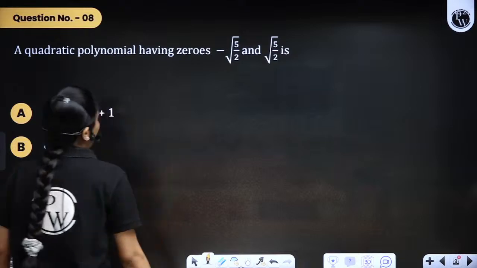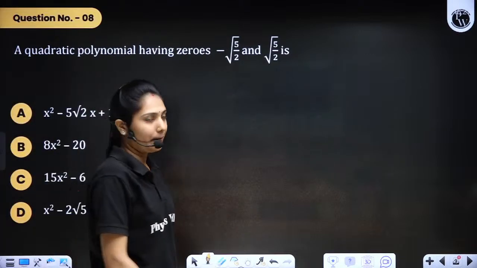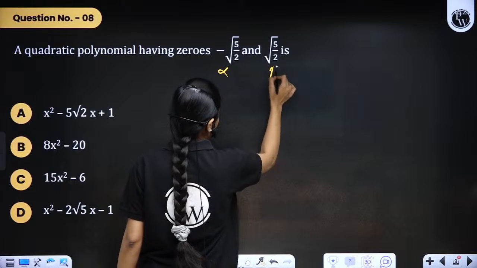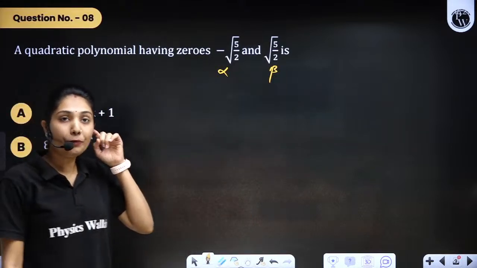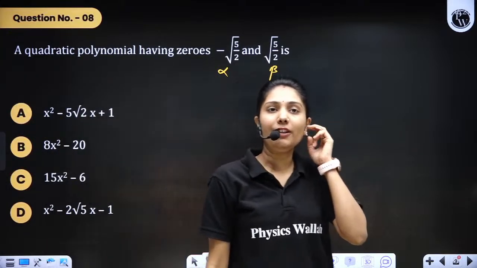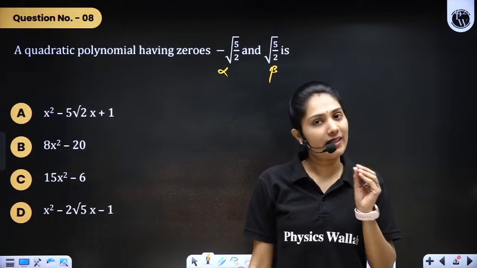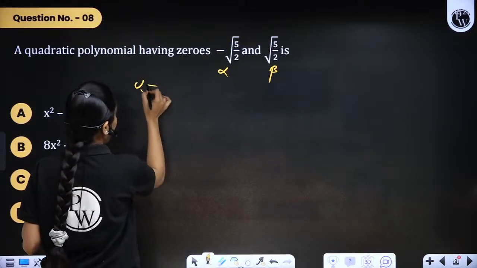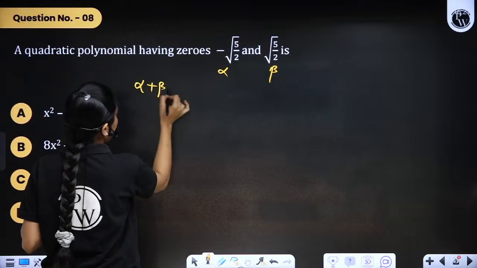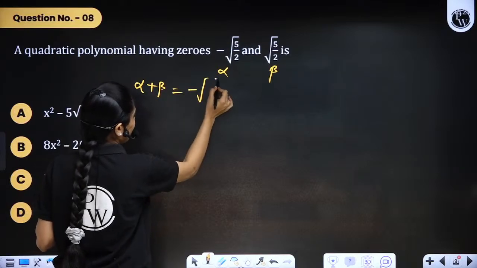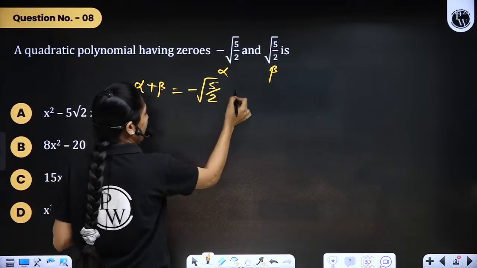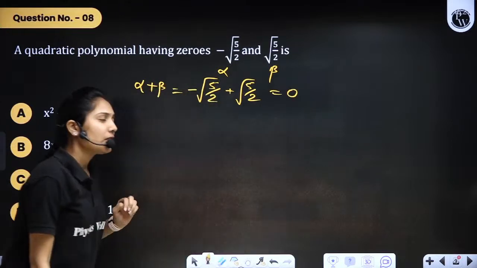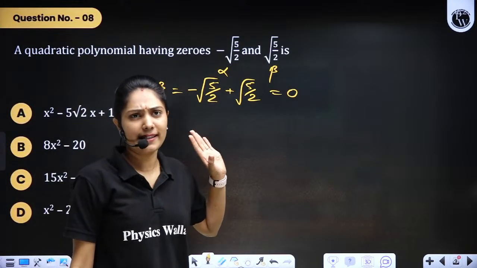Okay. So what it says, we have the roots, which means we have the value of alpha and we have the value of beta also. So as we know, to form the quadratic polynomial, we need sum of roots and product of roots. So we have to find alpha plus beta, which is minus of under root of 5 by 2 plus under root of 5 by 2, which is equals to 0. So sum of roots is 0.